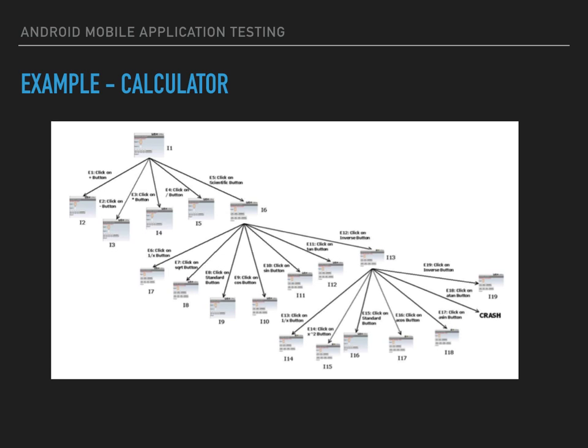Not only does this model provide a good graphical representation of the flow of the application, this is where you can also simply create test cases by simply looking at your events here. So from I1 to I5 is a simple test case. Simple test case is click the multiplication button.